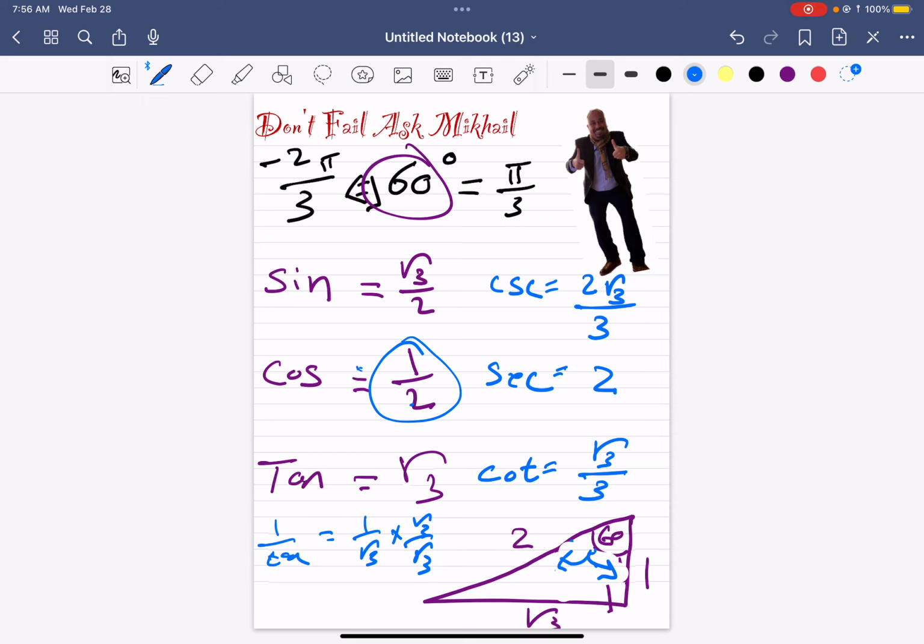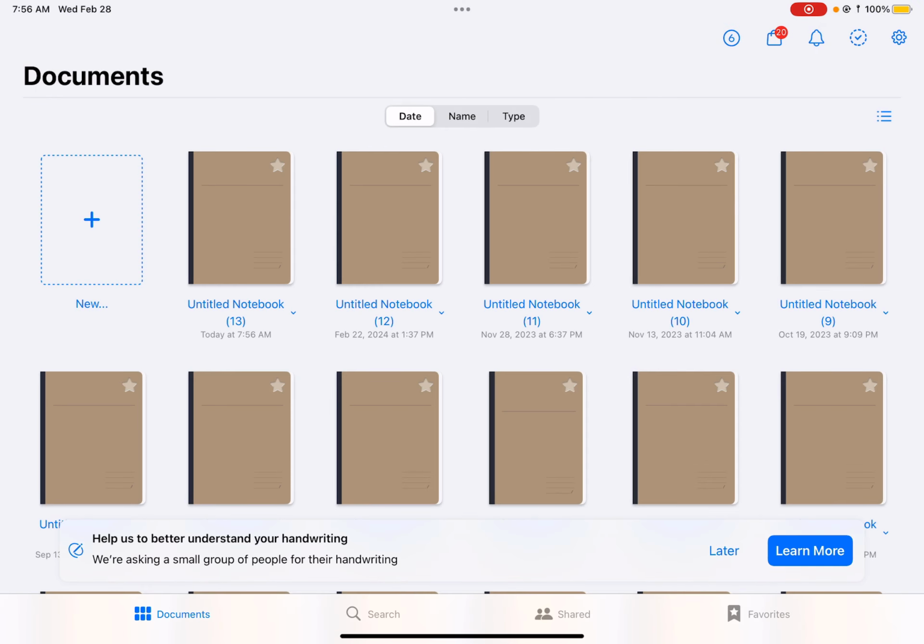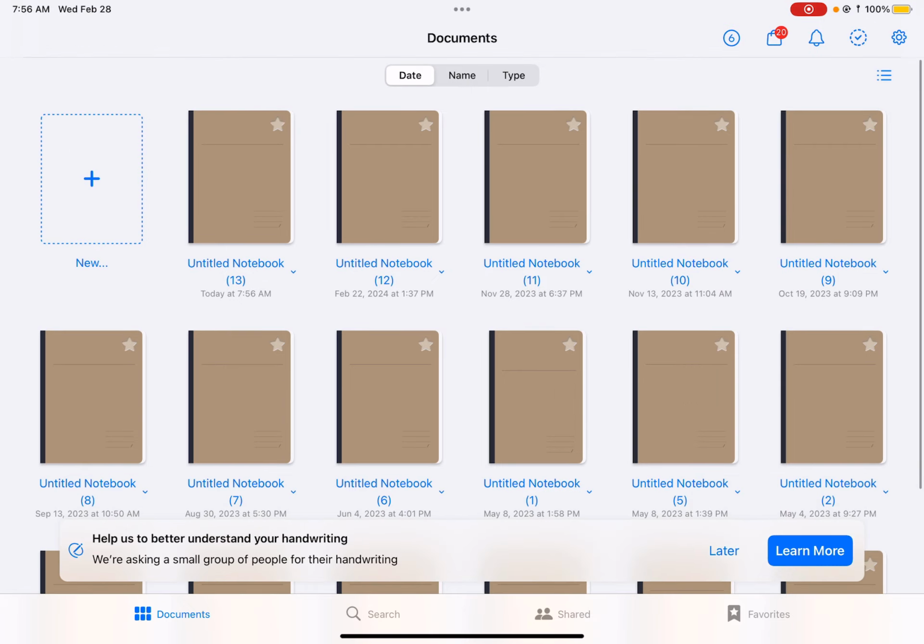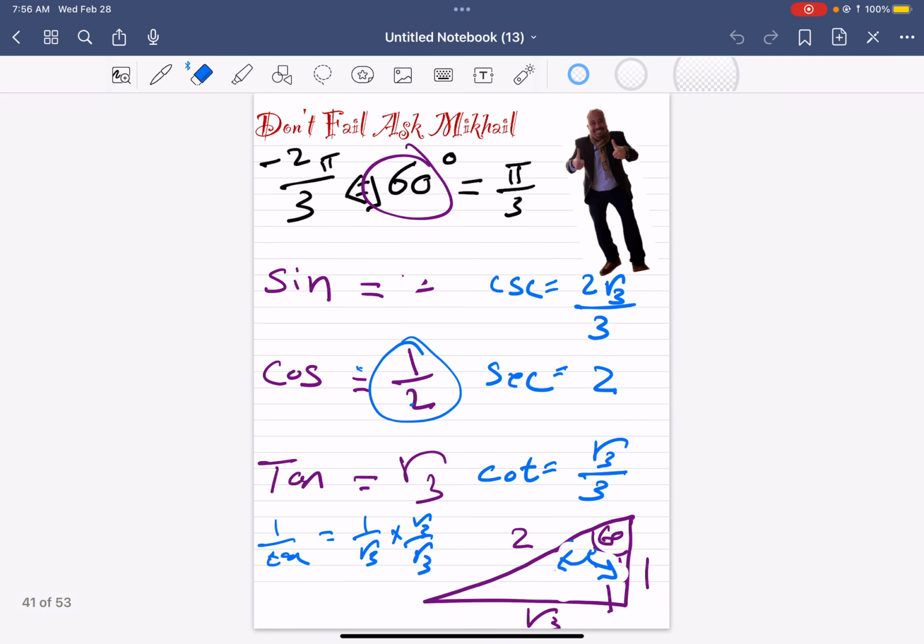So these are my 6 trigs. Let me highlight this one.